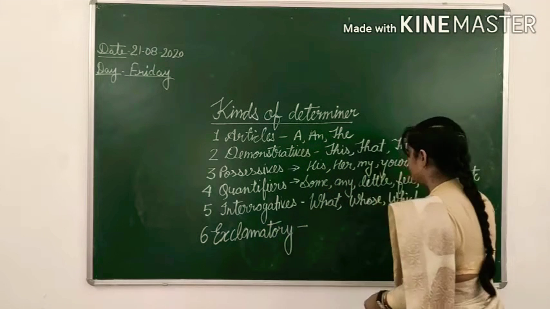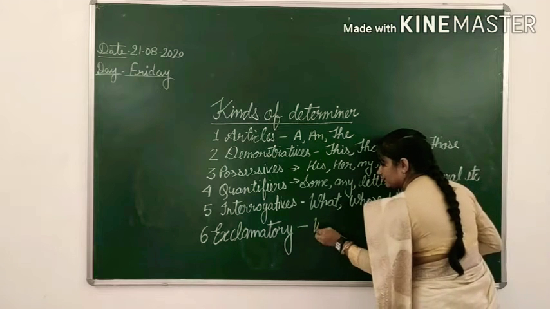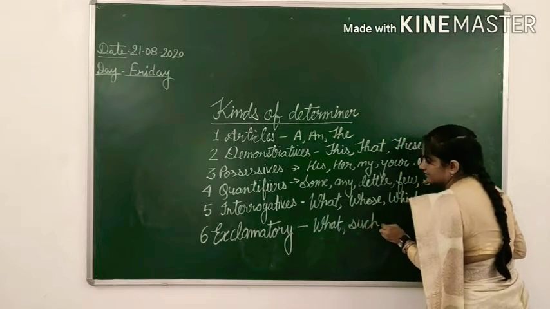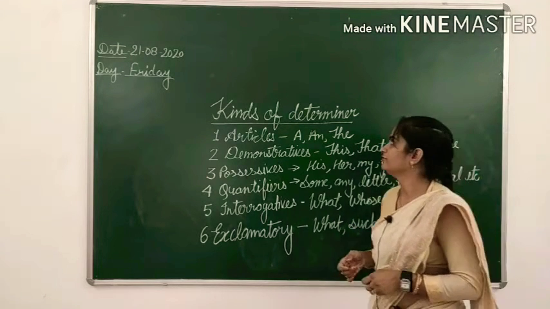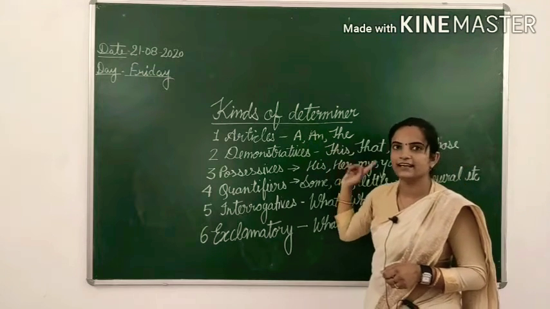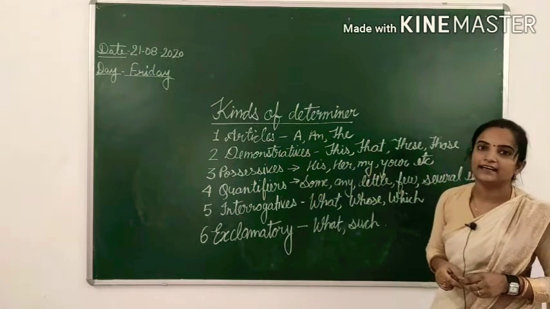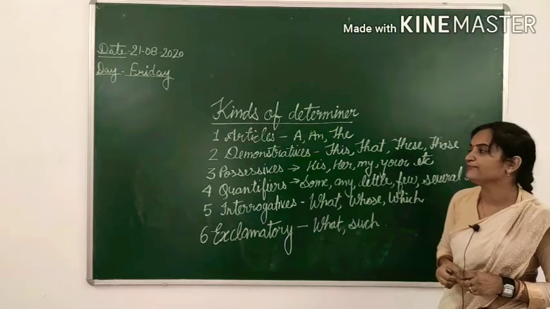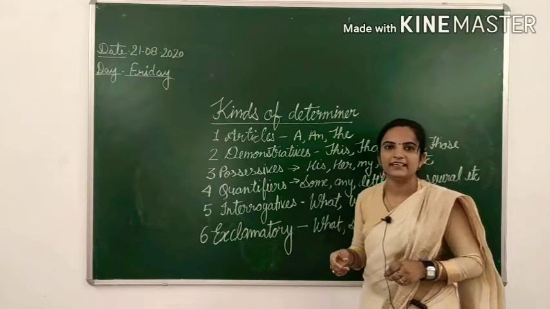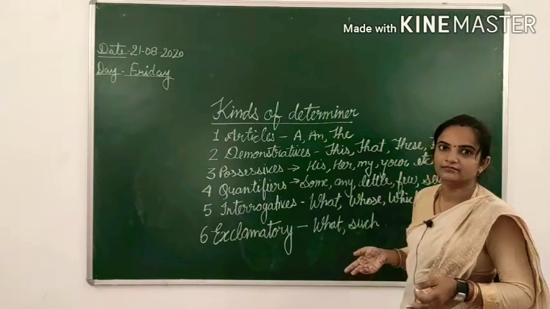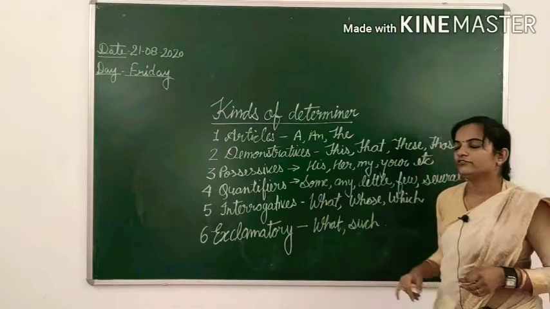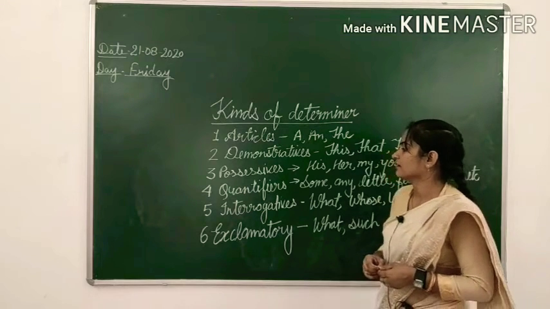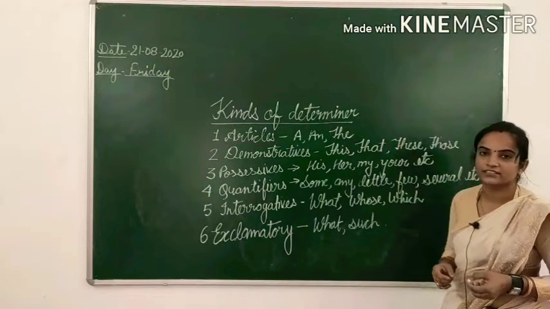Exclamatory: what, such, etc. Now these are the kinds of determiner. Articles a, an and the; demonstrative this, that, these, those; possessive his, her, mine, yours, etc. Quantifier some, any, little, few, several, etc. Interrogatives what, whose, which, and last is exclamatory what, such, etc.